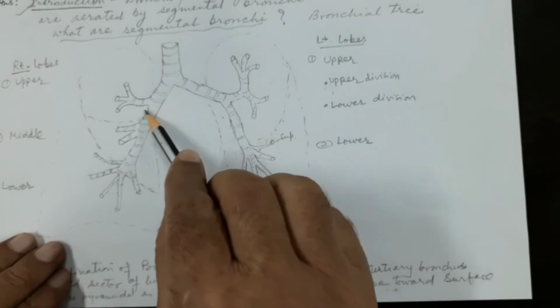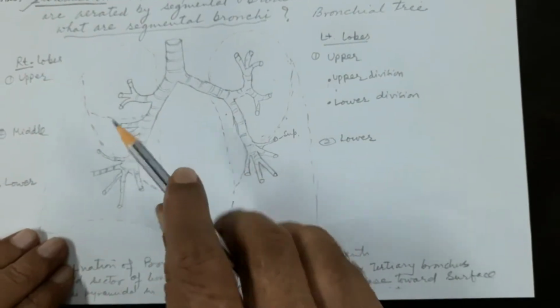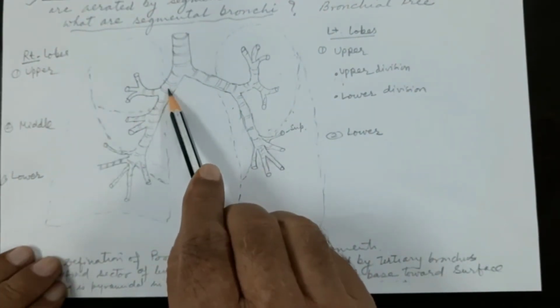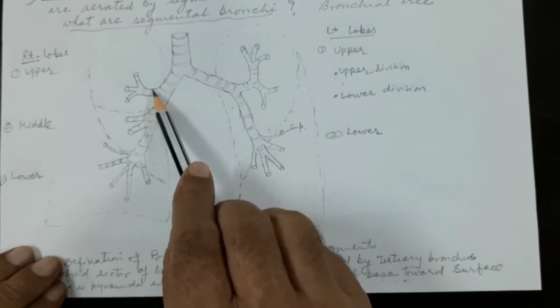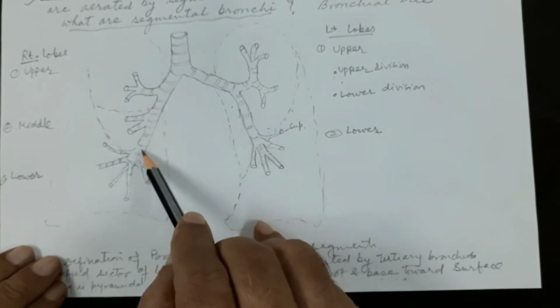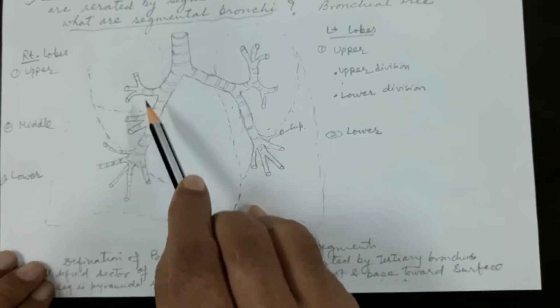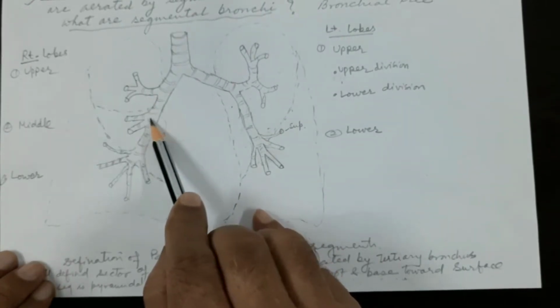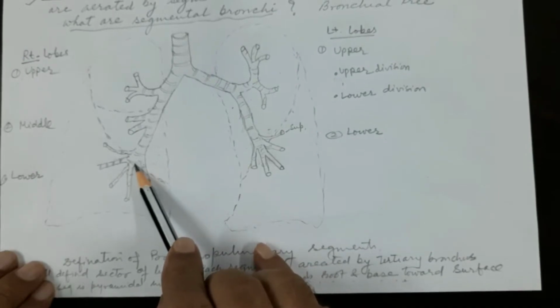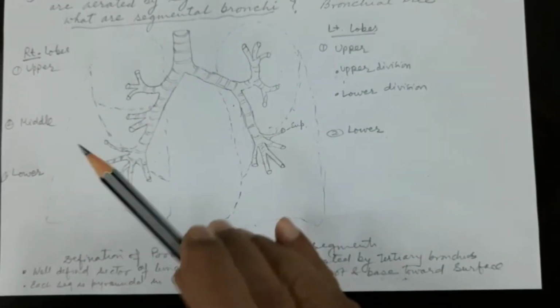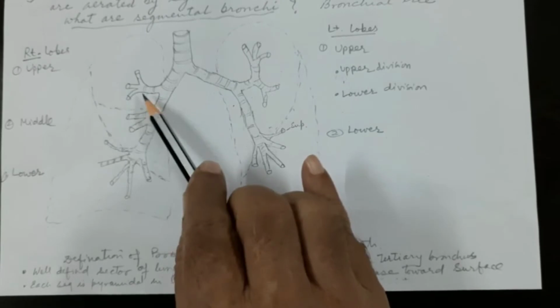On the right side, the principal bronchus divides into 3 secondary bronchi: upper, middle, and lower. So there are 3 divisions. On the left there is an upper and a lower secondary bronchus.